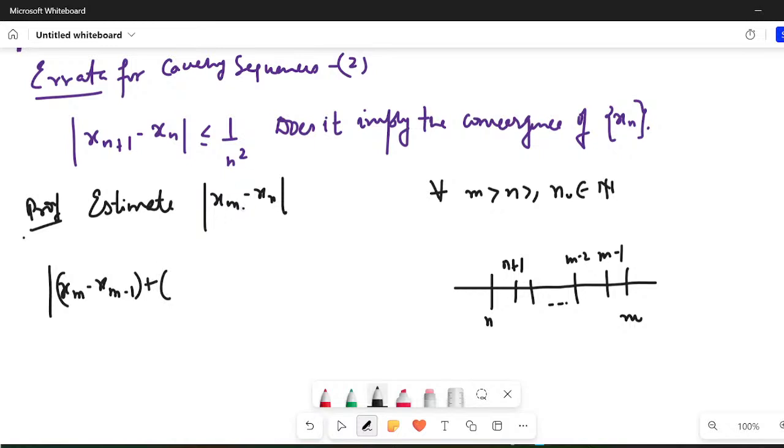Instead of x_m minus x_n, I would like to estimate x_{m+1} minus x_{n+1}. I'll let you know why I'm doing this.